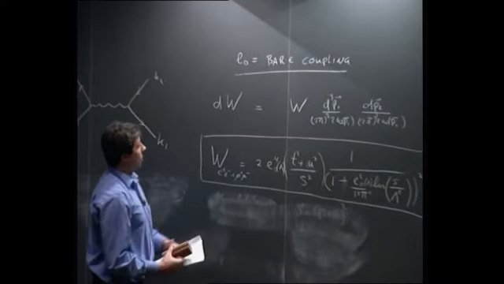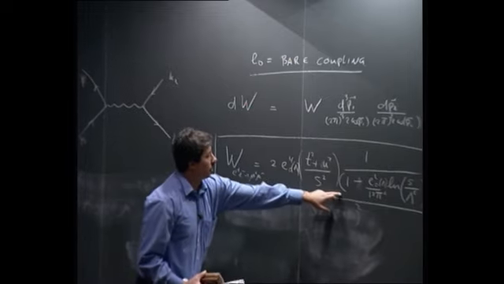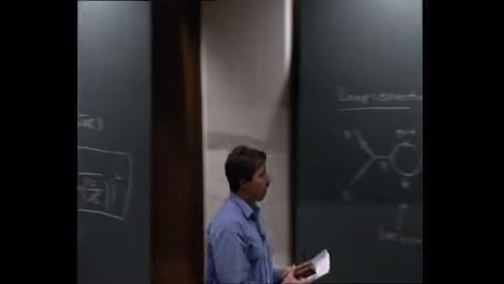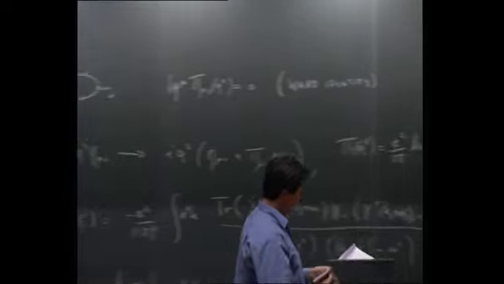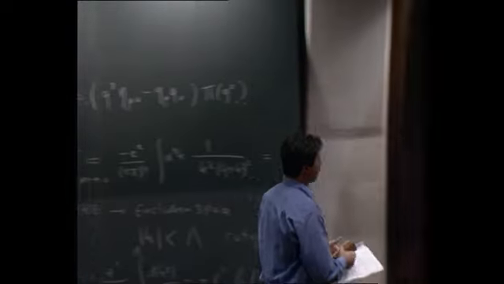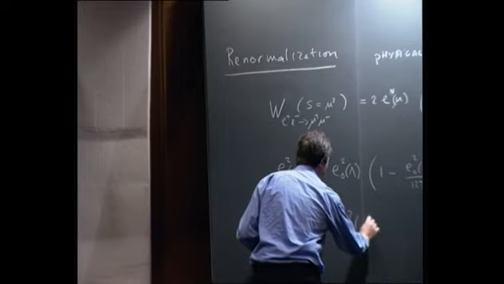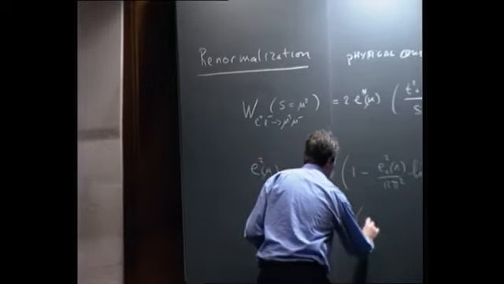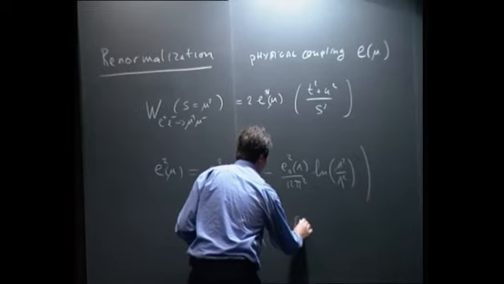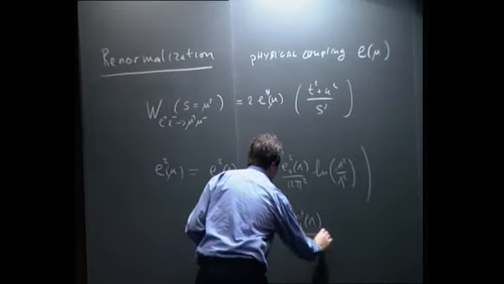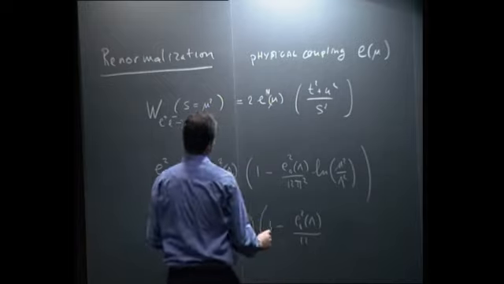So I see in here that I have now this expression, and it involves precisely this combination again, E0 squared lambda, 1 minus E0 squared lambda. Sorry, there's a minus 1, I think.